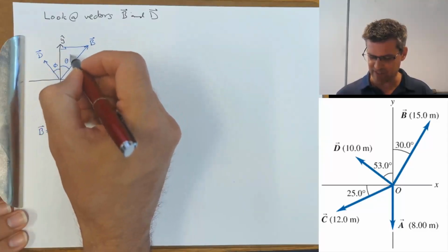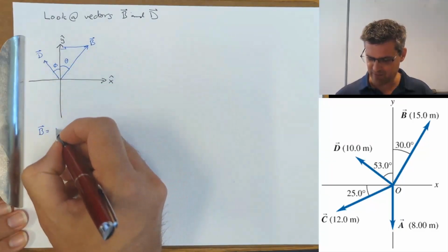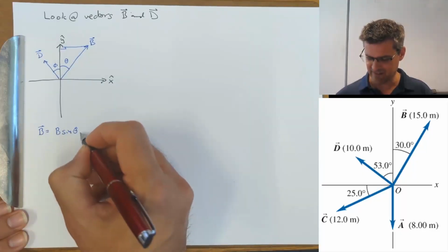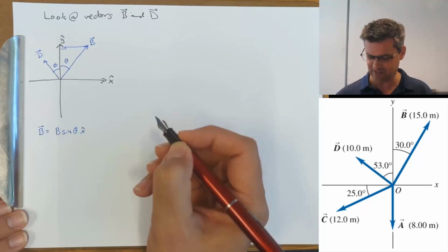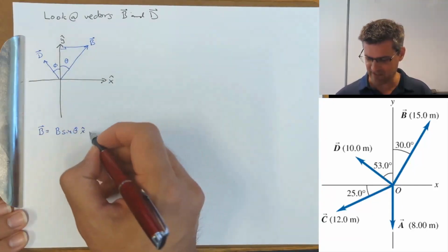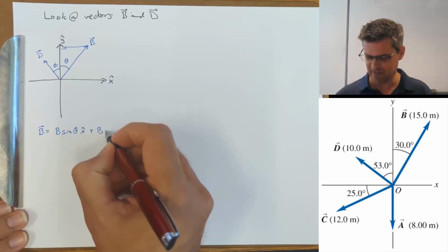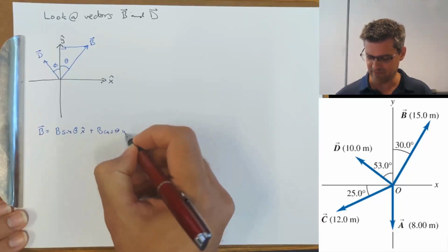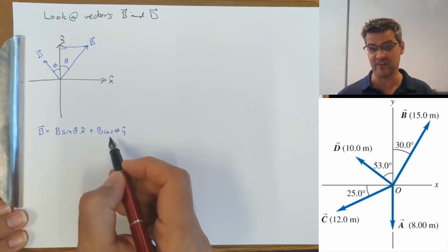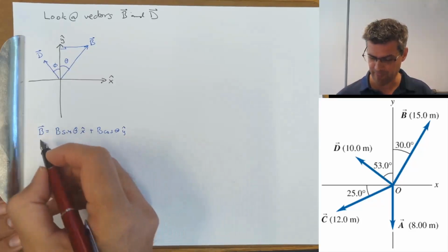This is the opposite side, so it's B sine theta in the x direction. The adjacent side is B cosine theta. This is how we can express B in terms of coordinates.